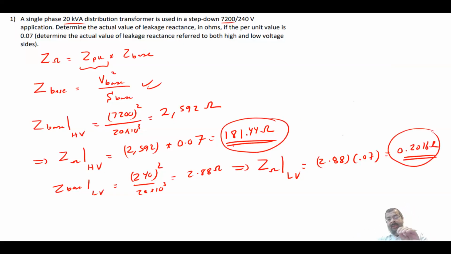Here I want to stress something very important, because there is a typo in the second part. Whenever you find the values of the resistance or the impedance referred to the high voltage side, the value is much larger than when referred to the low voltage side. The resistance and impedance at the low voltage side is much smaller than at the high voltage side.